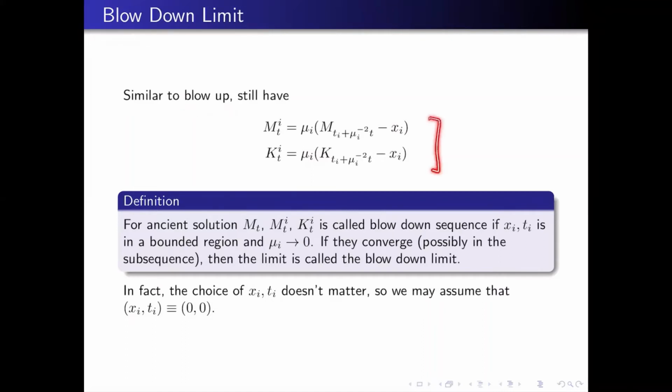We still have these rescalings, but we require that the scaling factor goes to 0 and the base point is in a bounded region. It's not hard to see that the choice of xi and ti doesn't matter, so we can just choose them to be 0 and 0.